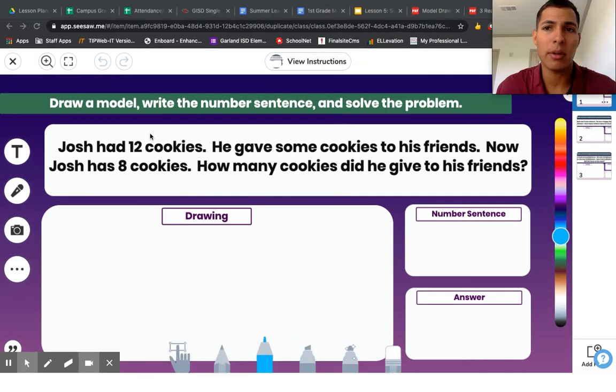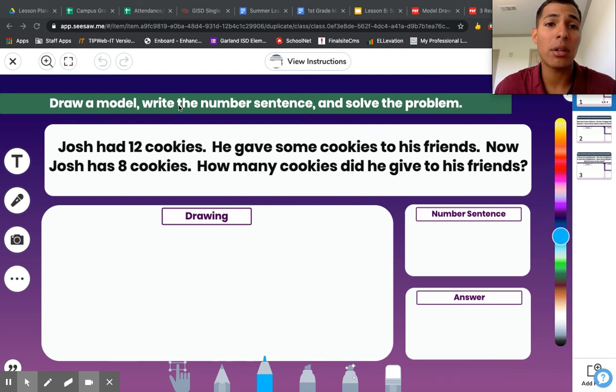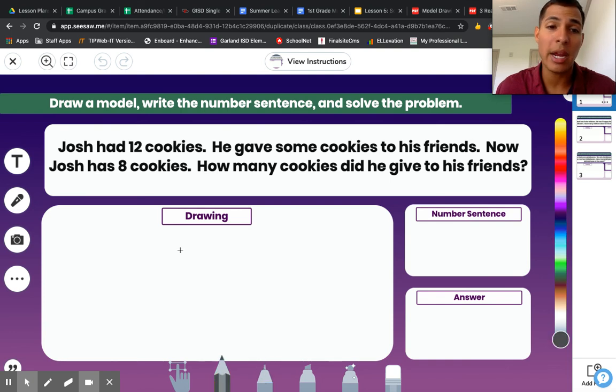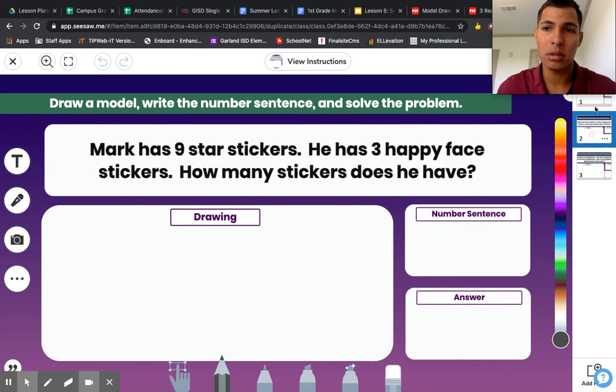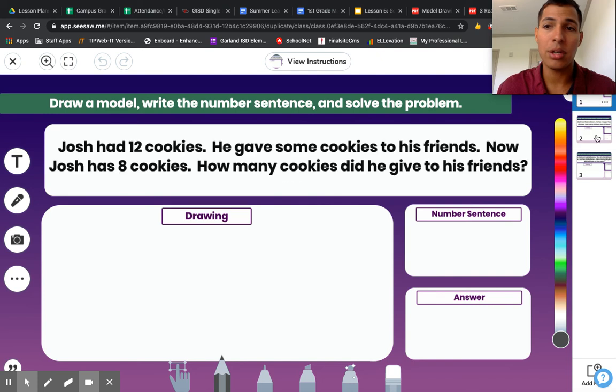It's okay, perfect, right there. So it says draw a model, write the number sentence, and solve the problem. Last time we had kind of manipulatives here and we dragged our models. This time we have to draw our models, right? We have to draw our models. Okay, and there's 3 problems.